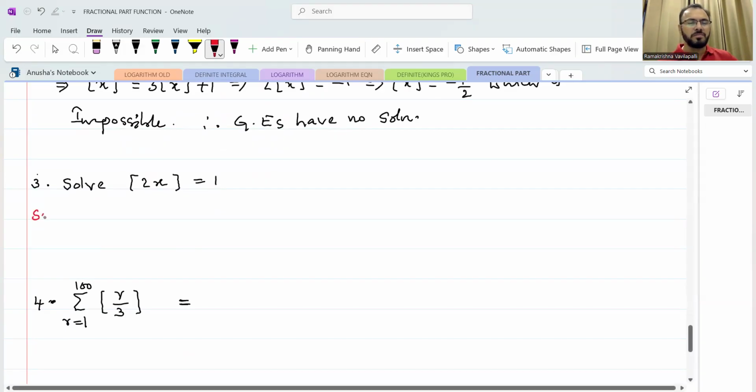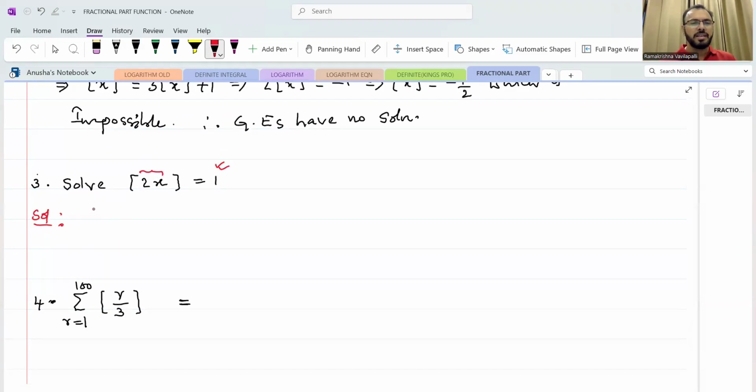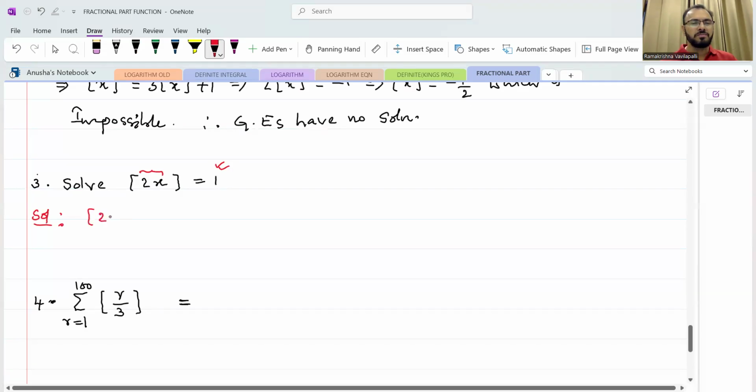Solution. Here the output is 1, so this quantity should lie between 1 and 2. Remember, integral part of 2x equal to 1 implies that 2x should lie between 1 and 2.